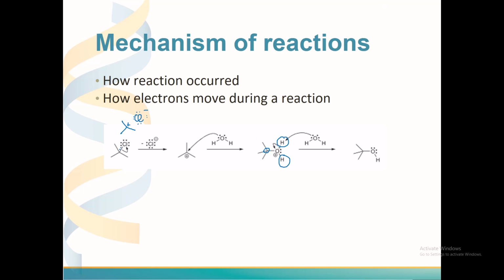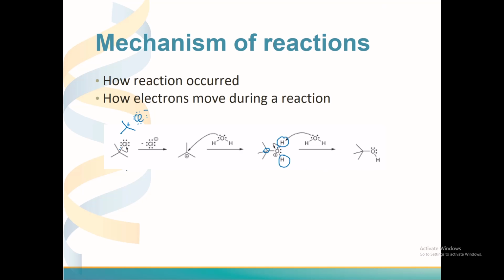The bond here, which shows 2 electrons or 1 pair of electrons, is moving towards oxygen, and the hydrogen is being attracted by another water molecule from the electrons, just like that. And then in the end you got this molecule, and all of the atoms fulfill the octet rule.